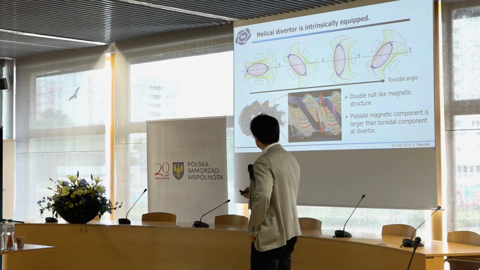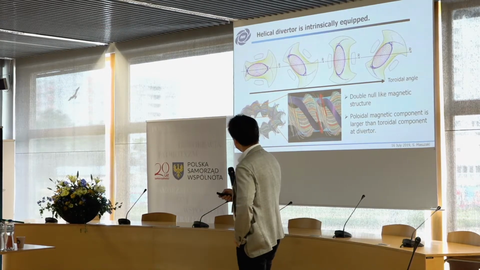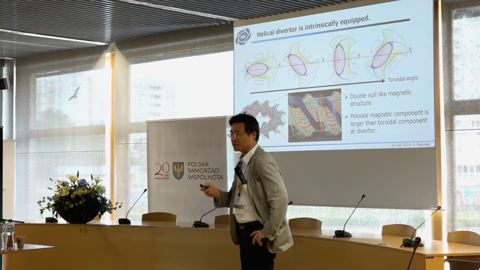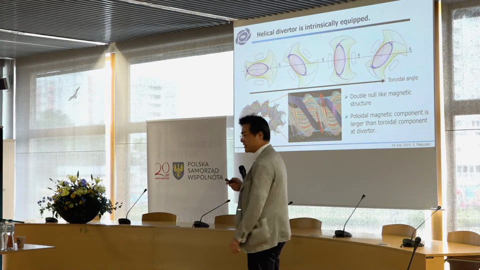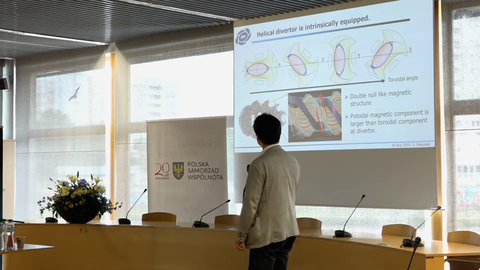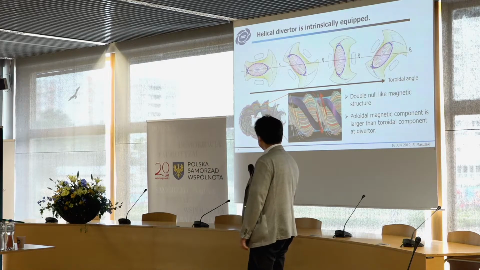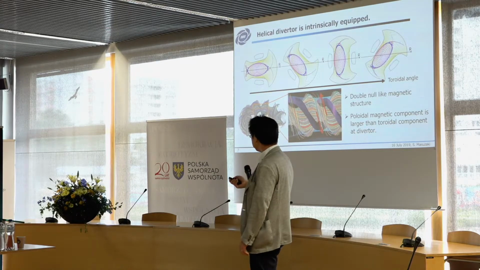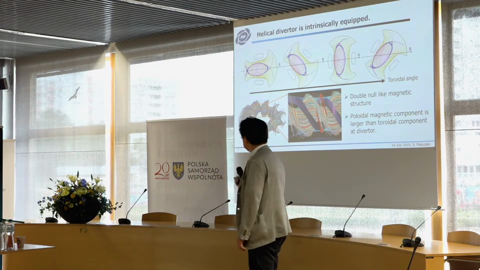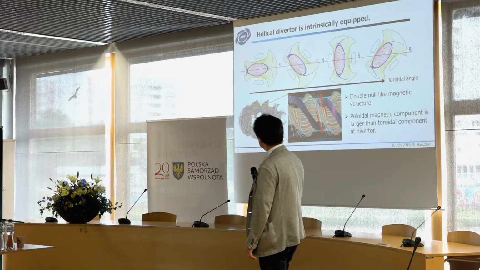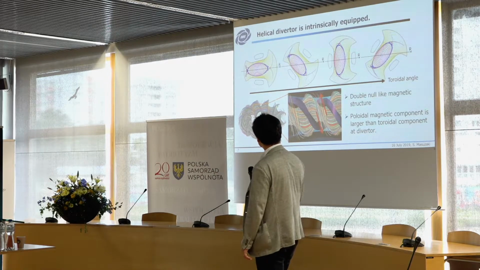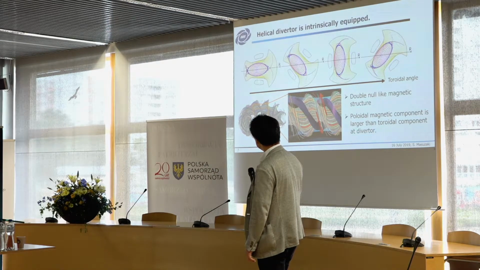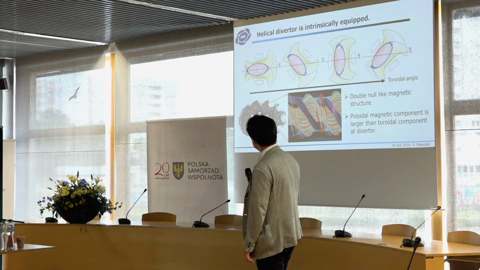In LHD, we have a divertor magnetic field structure. It is not an island divertor, but a helical divertor, which is equipped intrinsically. This is the toroidal cross section, and these are the cross sections of the helical coils.